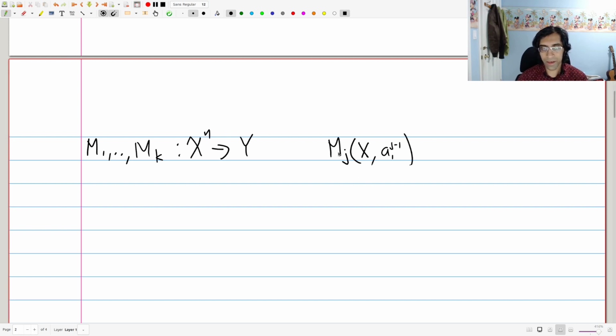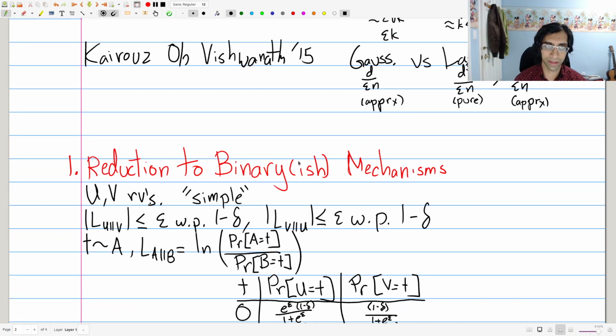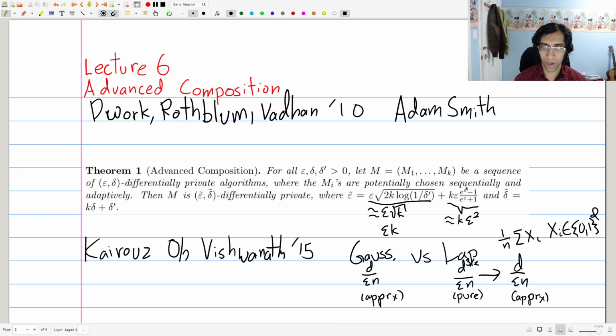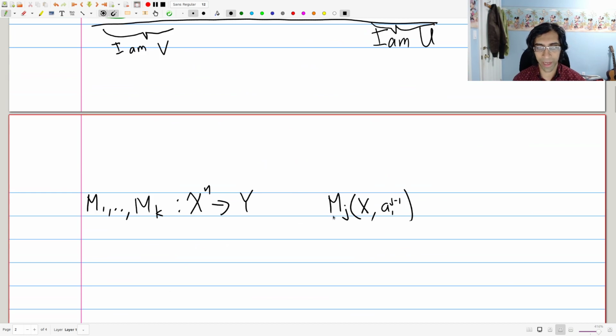Why is this? This isn't an explicit argument to the function, but remember I said a key part of the theorem that we're trying to prove is that they're chosen sequentially and adaptively. So how do you describe the way that Mj is chosen adaptively? Well, you describe it by looking at the transcript, the results of all the previous algorithms.